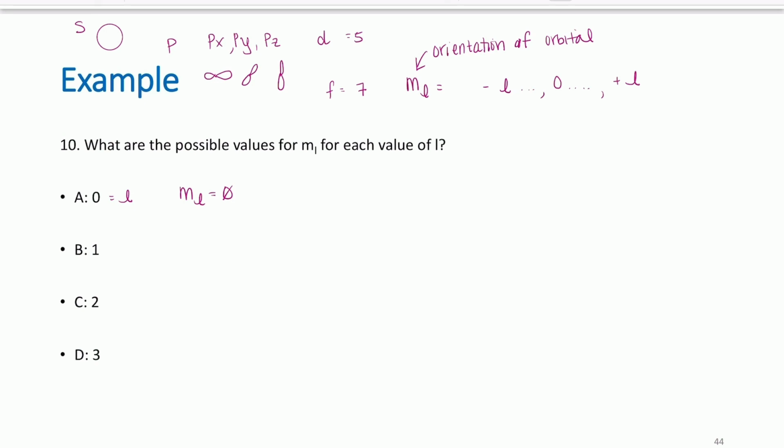So if l equals 0, we can only have m sub l equal to 0. This is going to represent an s orbital. If l equals 1, m sub l can equal negative 1, 0, or positive 1. These are the 3 p orbitals.